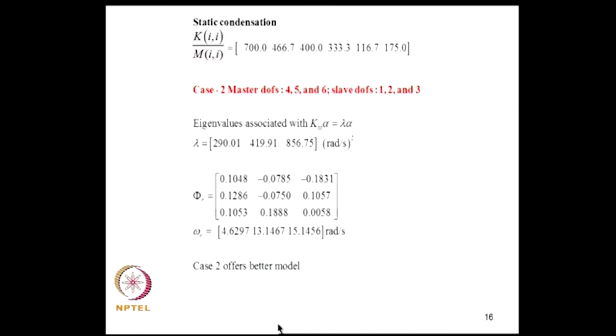Now let us switch the options, and I will make 4, 5, 6 as masters and 1, 2, 3 as slaves. This is what our recommendation suggests, that this is what we should be doing if you are interested in producing a 3 degree of freedom model. Now let us again do this eigenvalue analysis, and I get 290, 419 and 91.